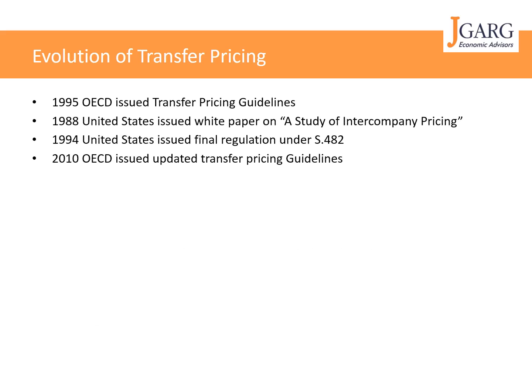Till 2010, we saw further amendments in the OECD guidelines and also the US regulation. And now the transfer pricing world is evaluating BEPS, that is base erosion and profit shifting. And many countries have introduced transfer pricing regulations.